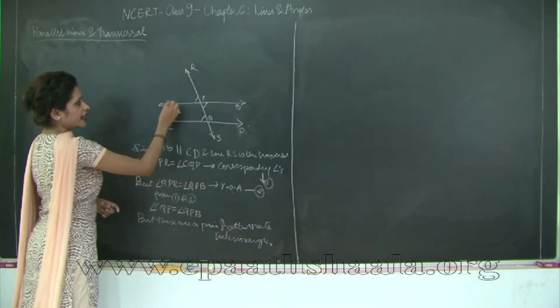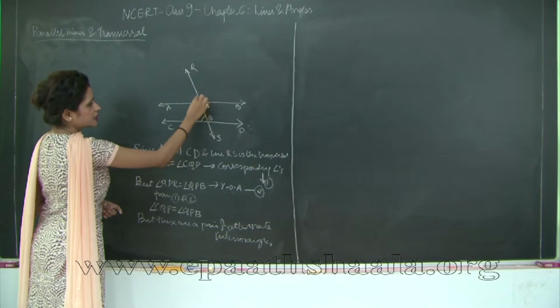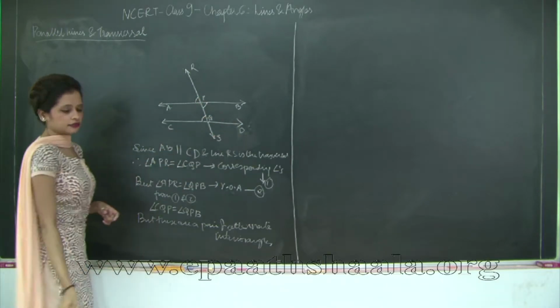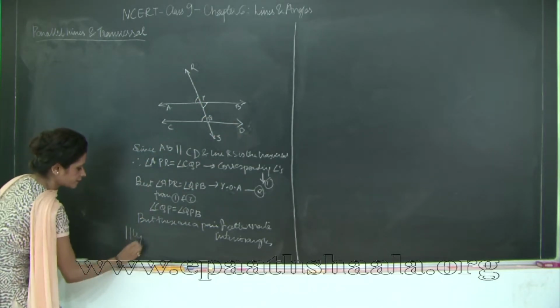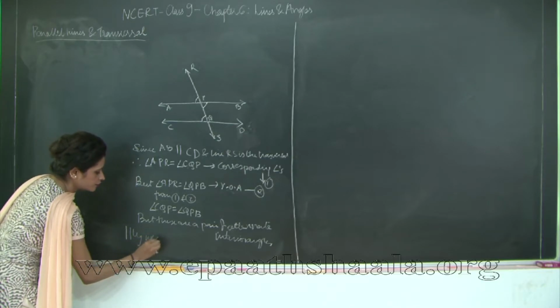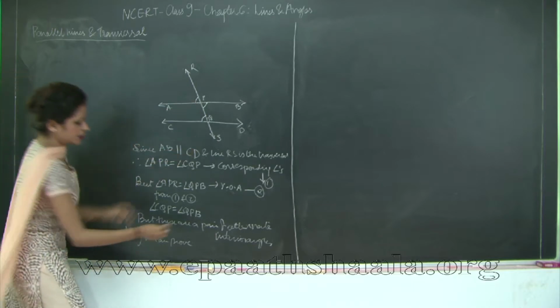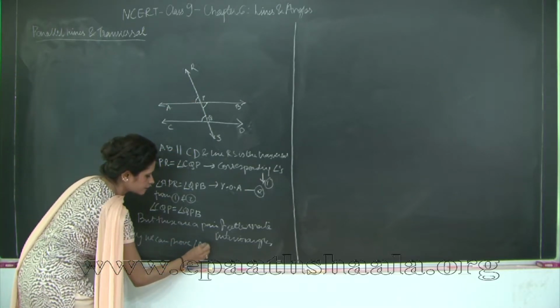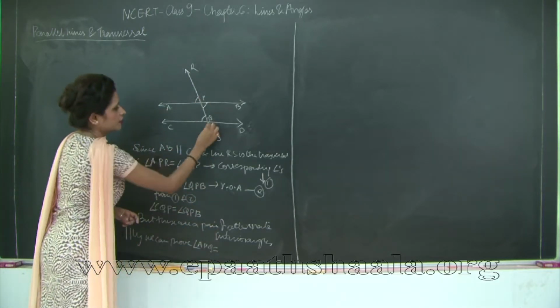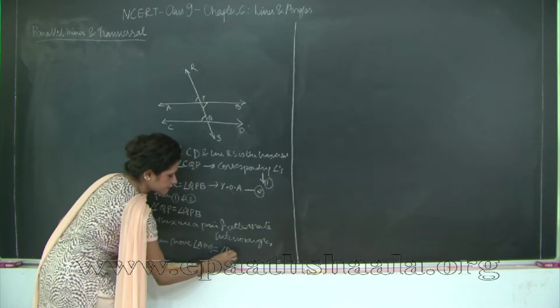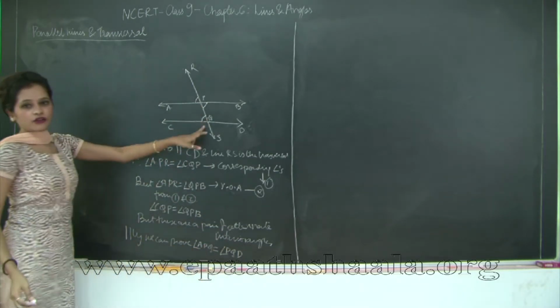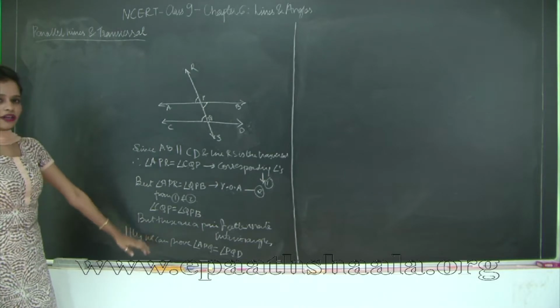Similarly, we can prove that angle APQ is equal to angle PQD, which is again a pair of alternate interior angles. Therefore, what can we say?